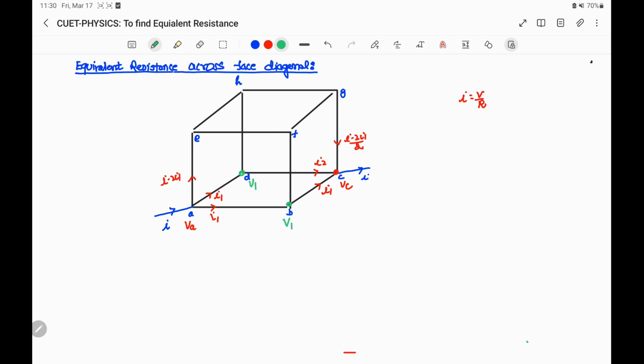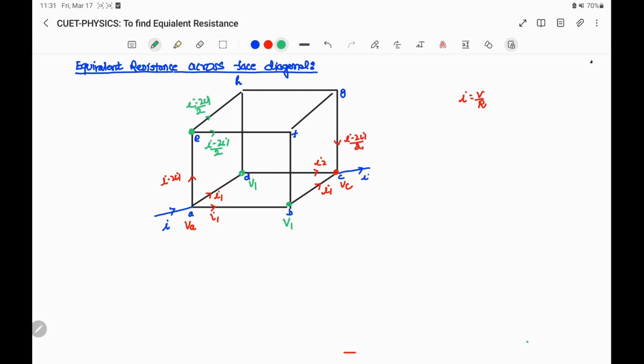Similarly, in branches BC and DC, because the potential difference is the same, the current is also the same. When I minus 2I1 reaches point E, it gets two symmetric branches through which the same current will flow, and this current is I minus 2I1 by 2.